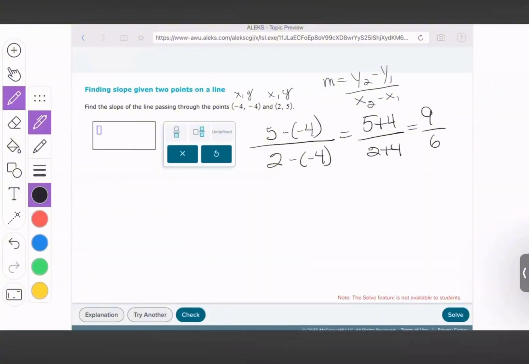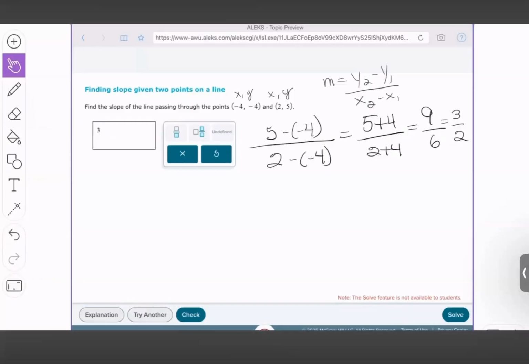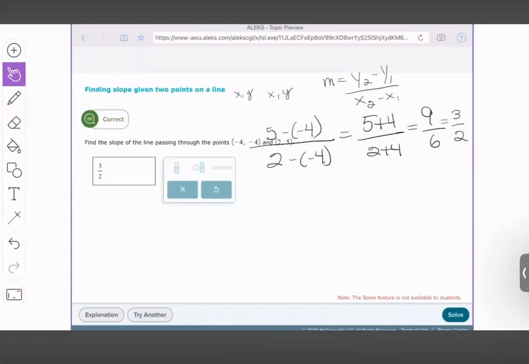And we reduce that. Both of these can be reduced. You can divide 3 into 9 and 3 into 6. So we end up with 3 over 2. So 3, and then I put the slash. You can use the fraction tool, but I don't need to use it because I like quick access. Okay, so there you go.